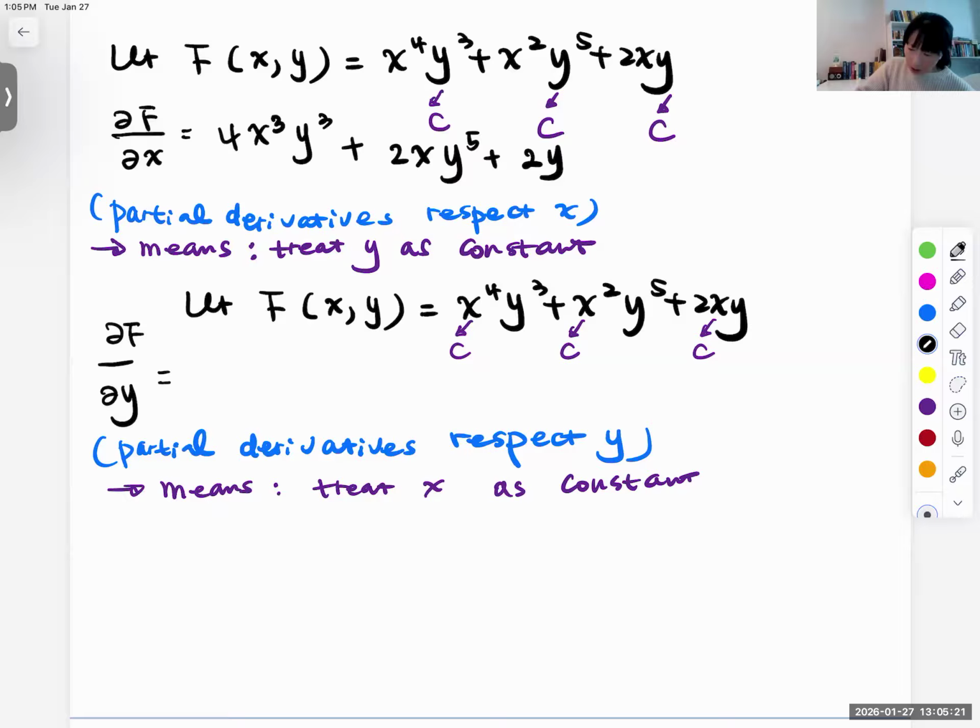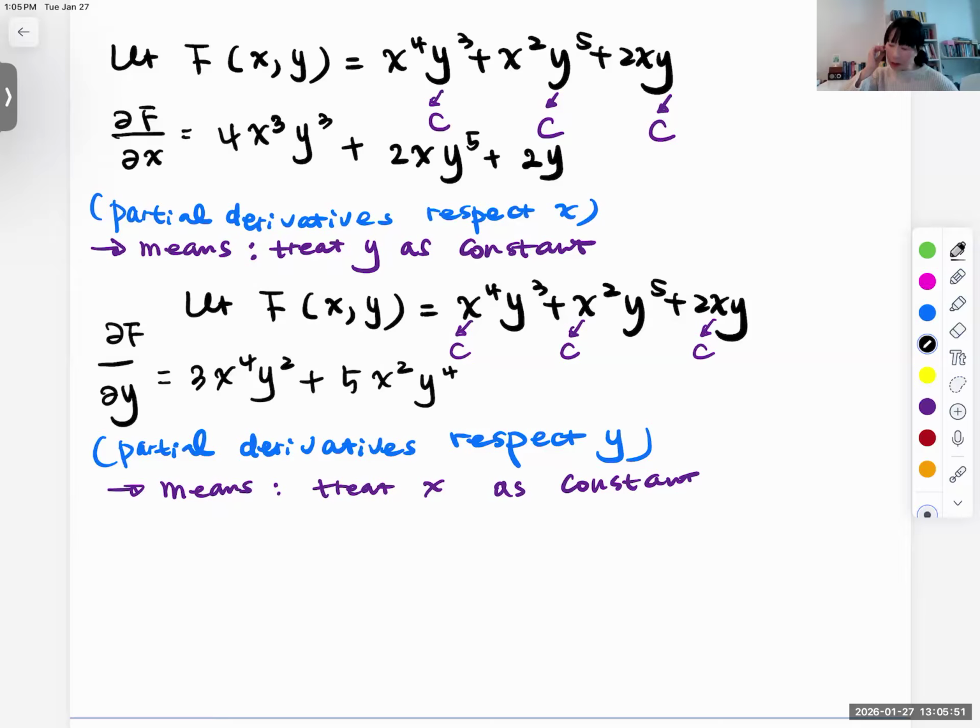So 3 x to the fourth power y to the second power, right? Okay, now, second term, we want to derivative y, so we get, I'm sorry, 5y to the fourth power, x squared is constant, so we keep that. So 5 x to the second power y to the fourth power, right?